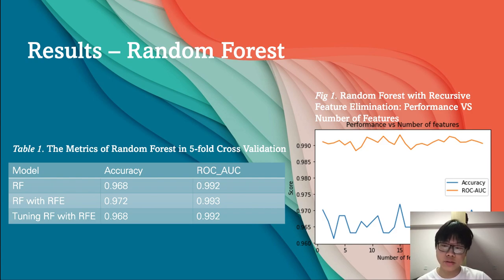However, from the result, it seems that we didn't find the best hyperparameters. From the right picture, you can see that when the number of features is 15, the model gets the best performance.